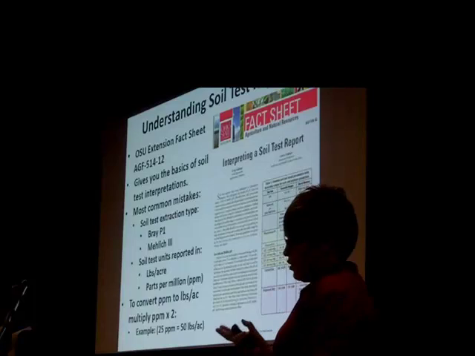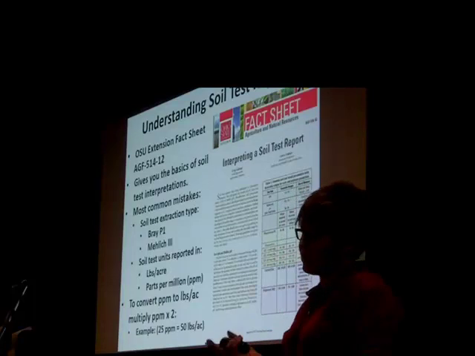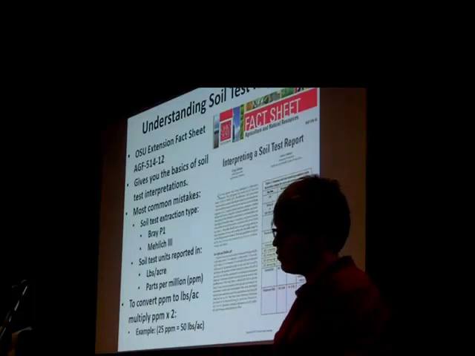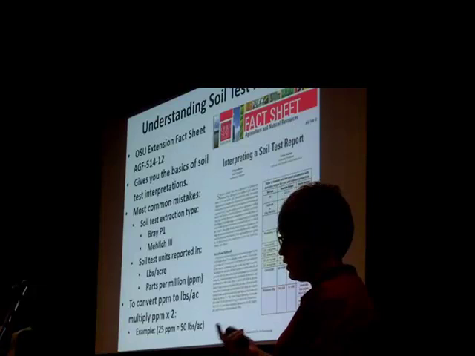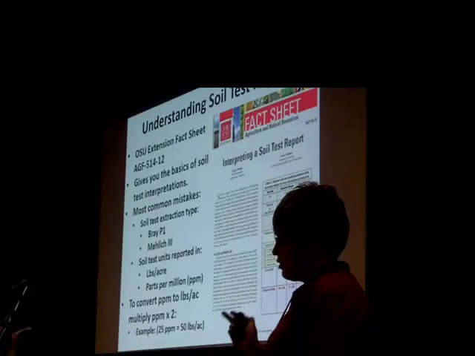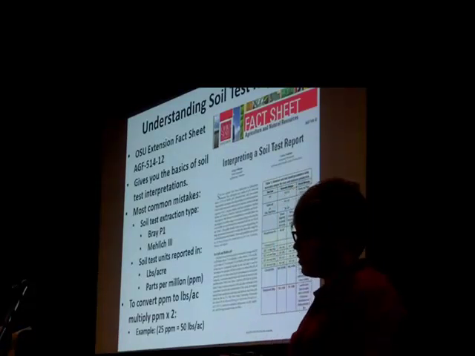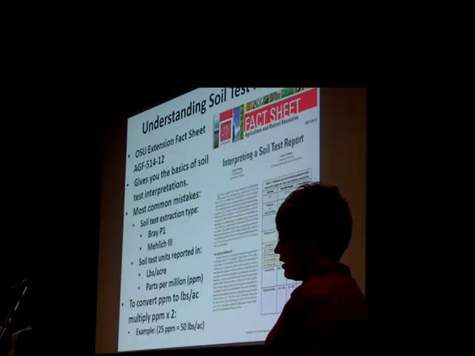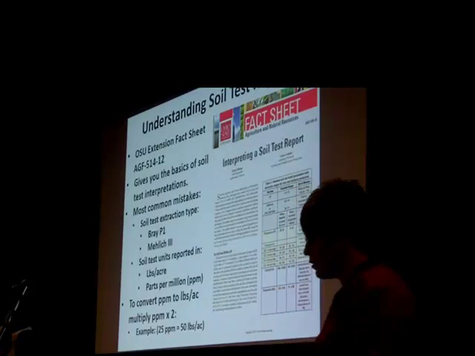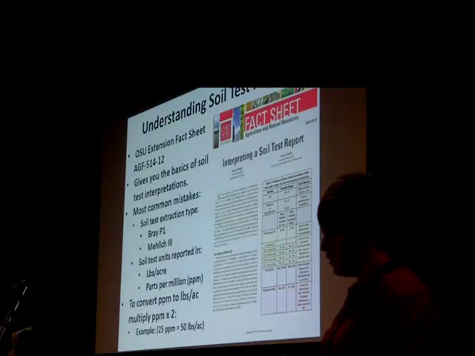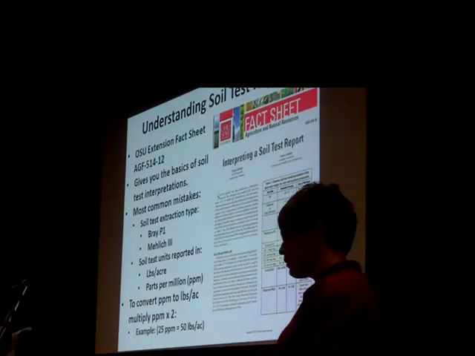The two most common mistakes, which our staff that deals with this every day still struggles with, are figuring out which reporting methods are used. Is the soil extraction type Bray P1 or Mehlich 3, and are the soil test units reported in pounds per acre or parts per million? There are some conversions that you need to use depending on how the soil test is coming back.